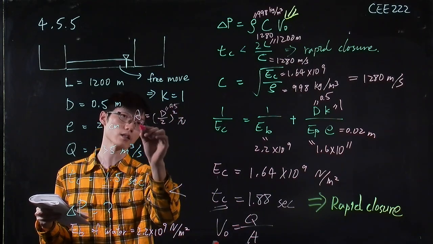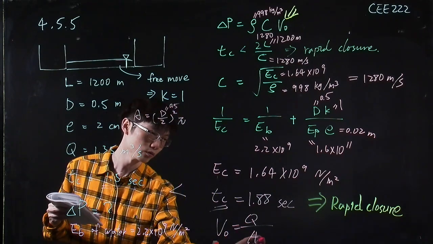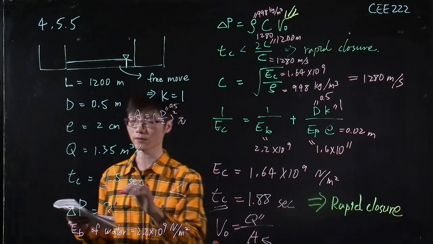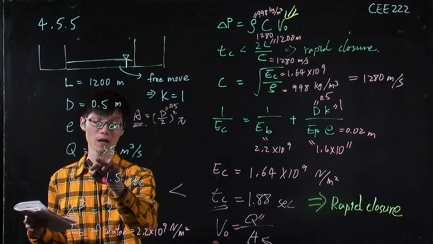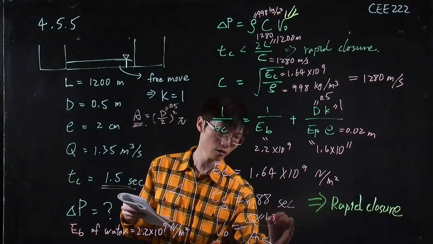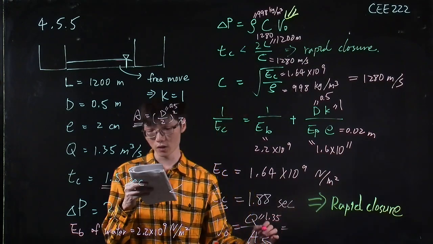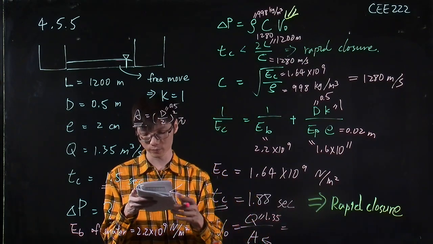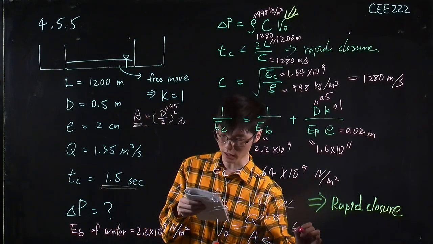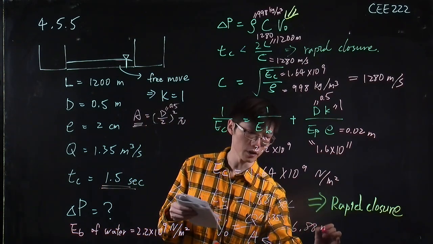So you plug this value into this equation here, and we also know that the flow rate in this pipe is equal to 1.35. So you will know the velocity is equal to 6.88 meters per second.